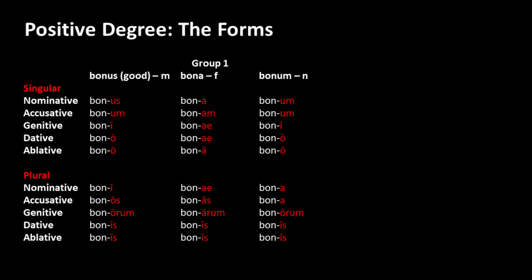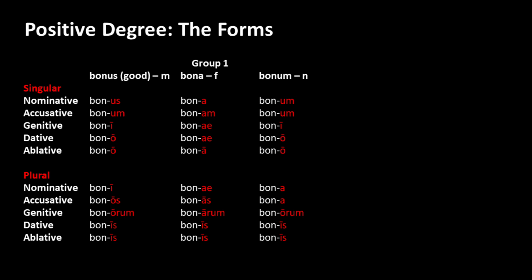Notice what I said at the beginning of this video. Group 1 adjectives like bonus, bona, bonum are absolutely identical in their endings to nouns of the first and second declensions. If you know your first and second declensions, and you must do that.